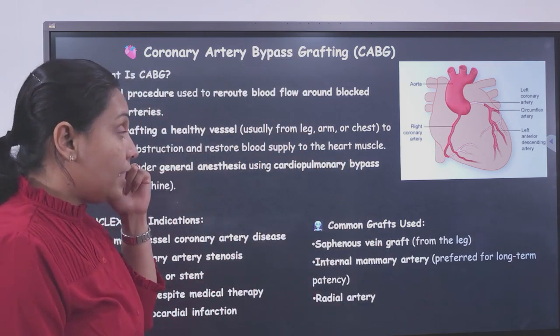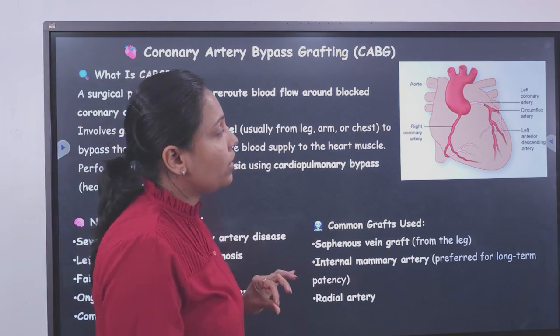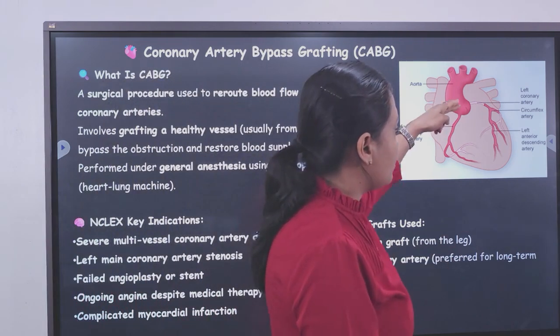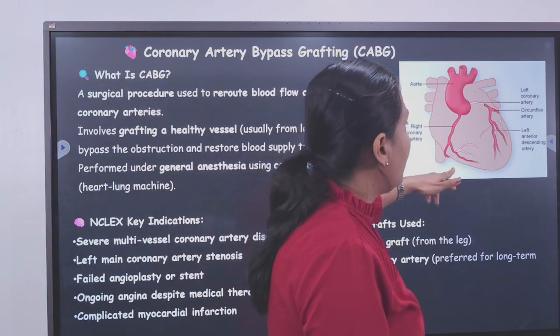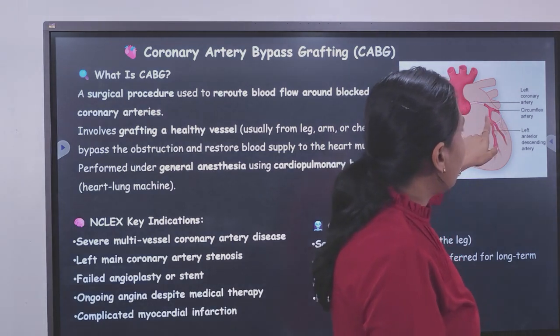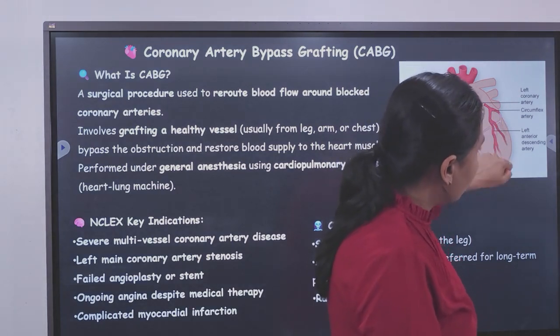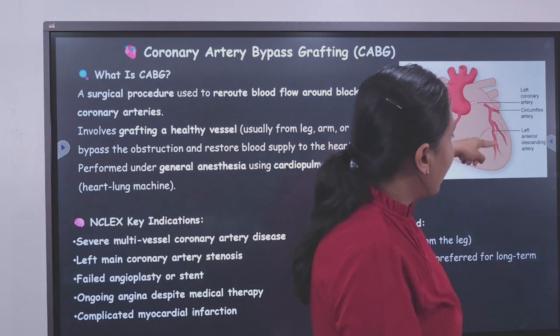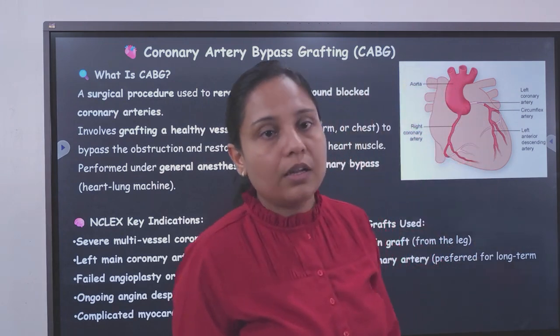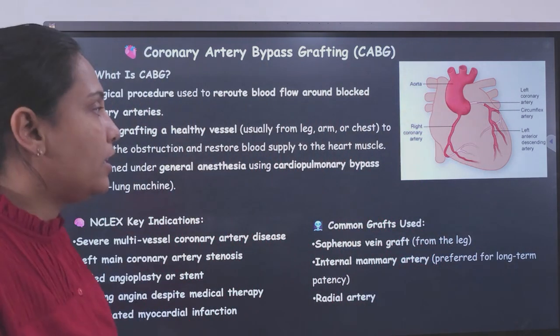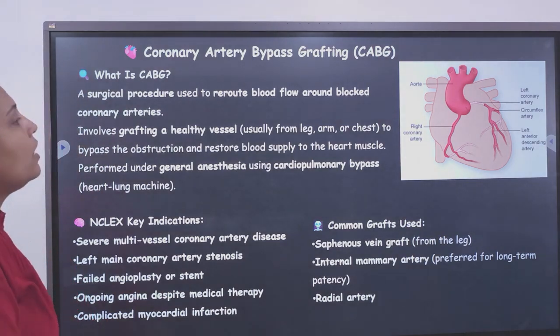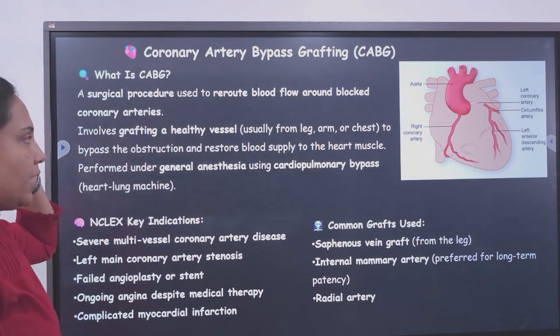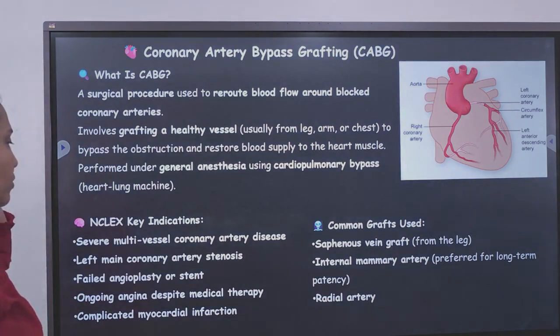We need to have the information about the coronary artery branches. This one is the right coronary artery, this one is the left coronary artery. Here you can see the circumflex artery, and this one is the left anterior descending artery. So these are the branches. Any of the branches can get blocked.